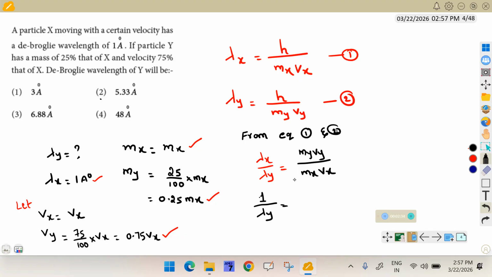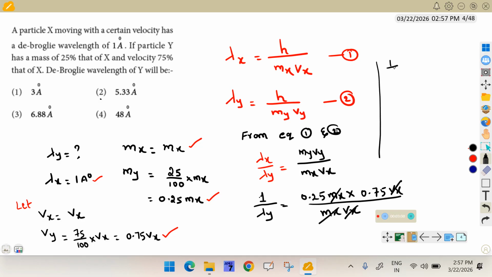my Vy: my value is given as 0.25 mx and Vy value is 0.75 Vx, divided by mx only and Vx only. mx, Vx cancel. 1 by lambda y is equal to 0.25 into 0.75.